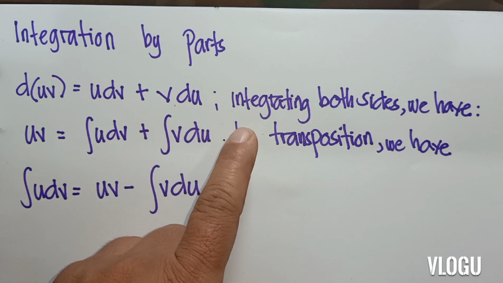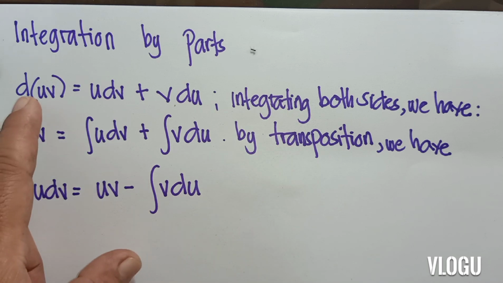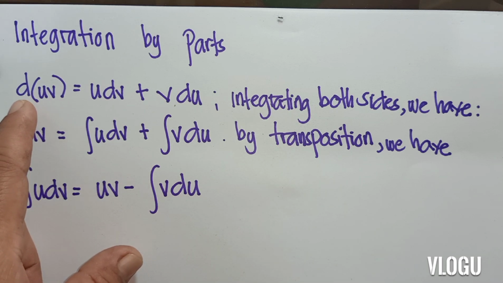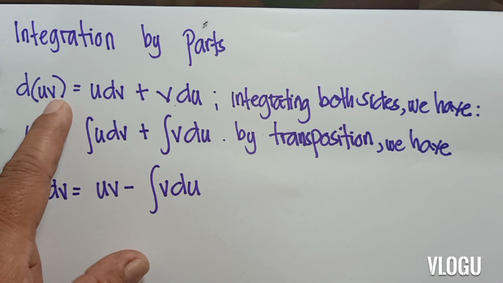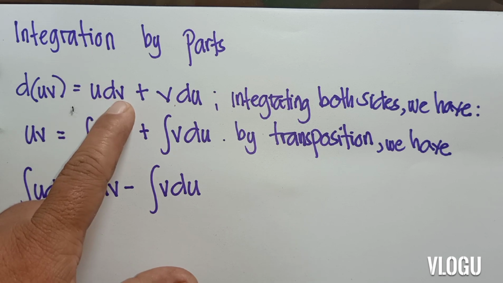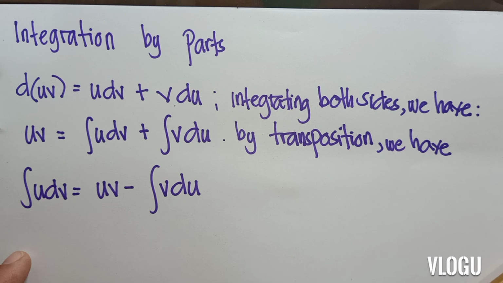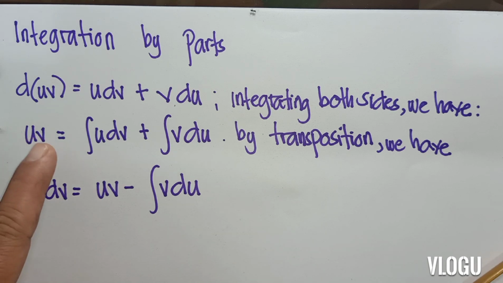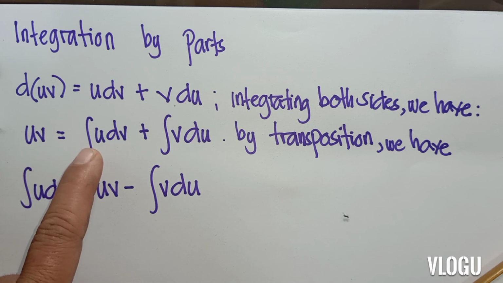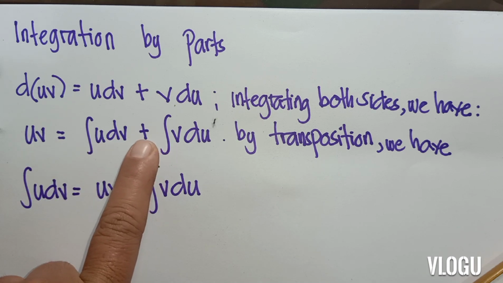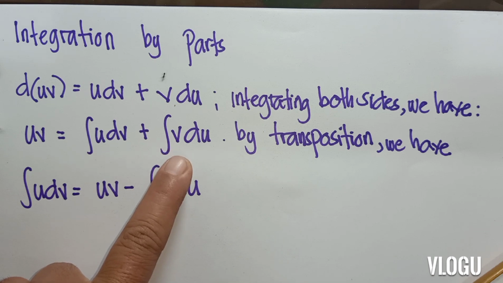If we integrate both sides, the integral of the derivative of uv is equal to uv, and then you will have the integral of u dv plus the integral of v du.